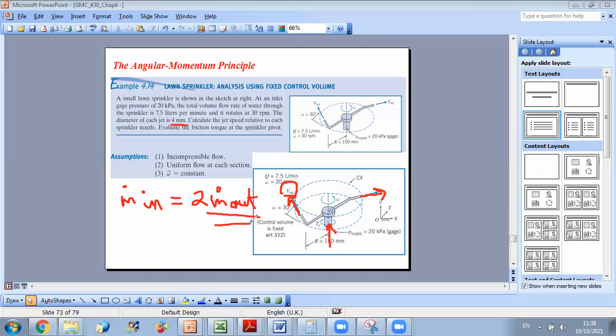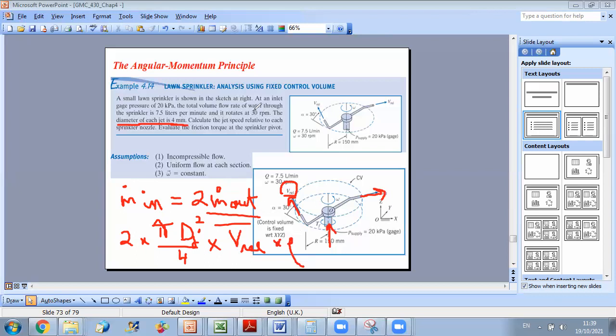What about m dot out؟ عنا هن عطونا the diameter of each jet يعني عنا 2 times ال A هي pi times d jet square over 4 times the value of v relative اللي نحن بدنا نجيبها. اوكي، واكيد ما بننسى نضرب برو of the fluid. Okay, so this will allow you to calculate معنى كل شيء.